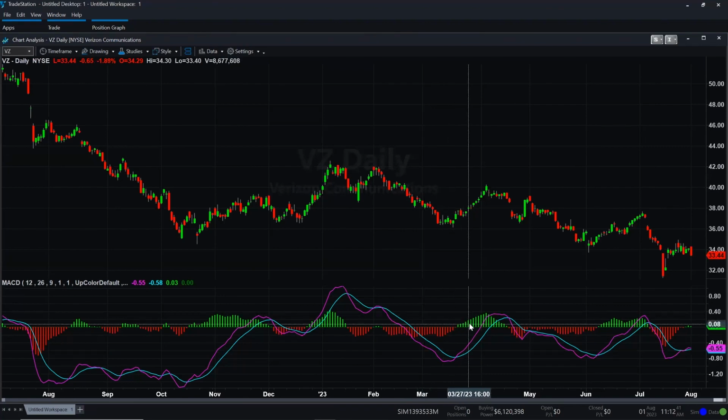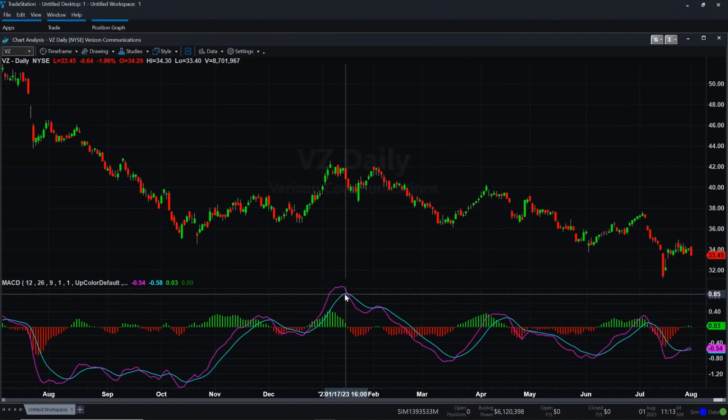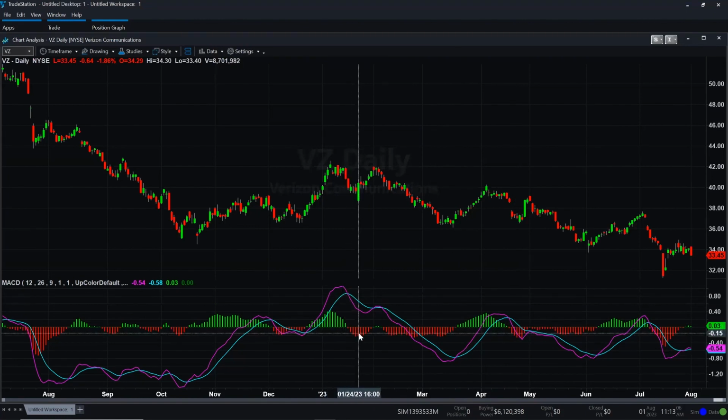The histogram, which is one of the main components of the MACD, is what the MACD alert is based on. So if you were to turn on the alert of the MACD, you're looking for stocks that are crossing from negative to positive or positive to negative. So in reality, we don't really need the two lines that are plotted with the histogram.